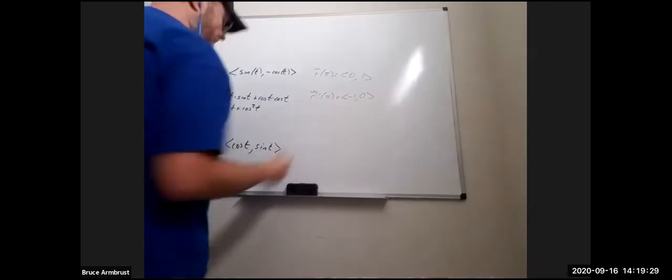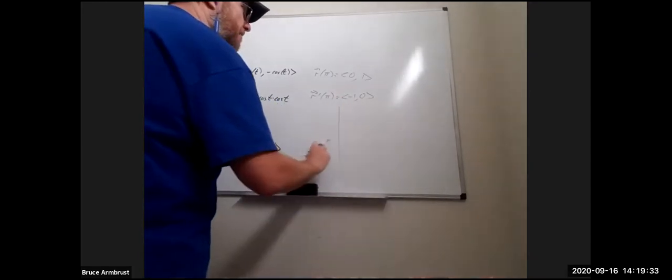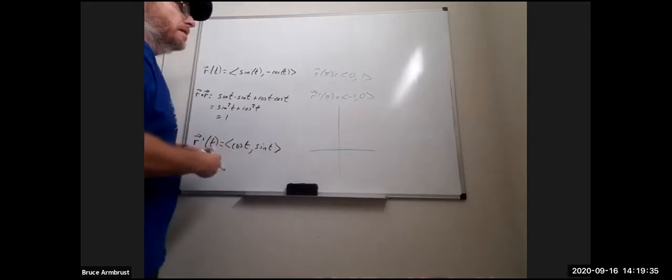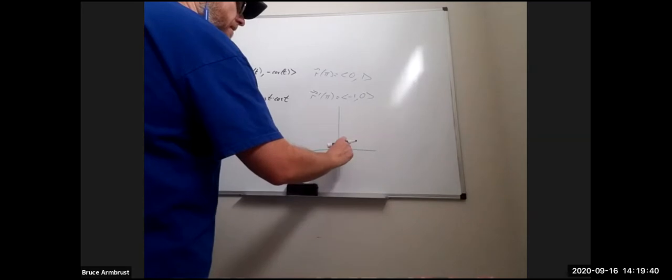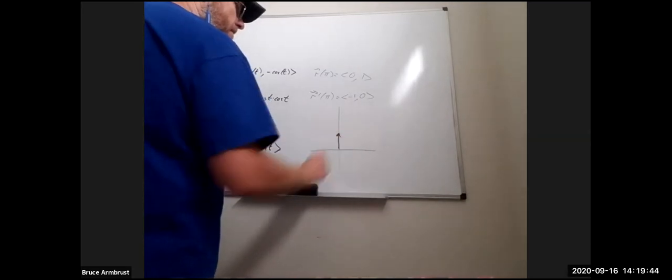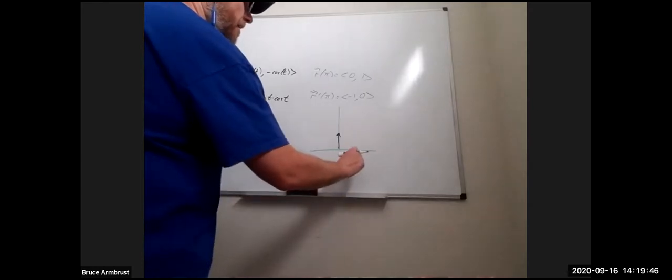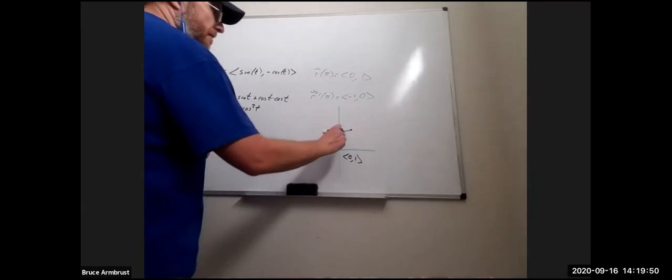Sine of pi is 0. If we were to graph those, 0, 1, of course, we're up here, right? So that's 0, 1. Negative 1, 0.